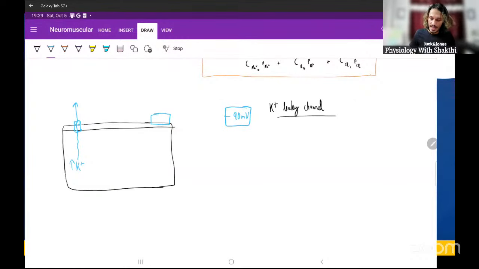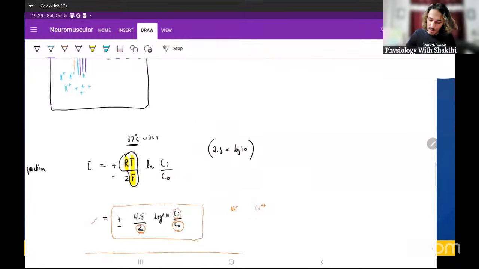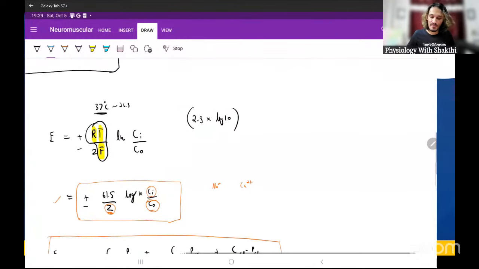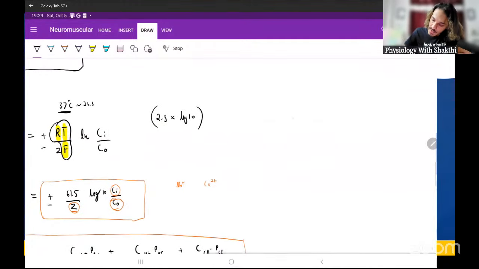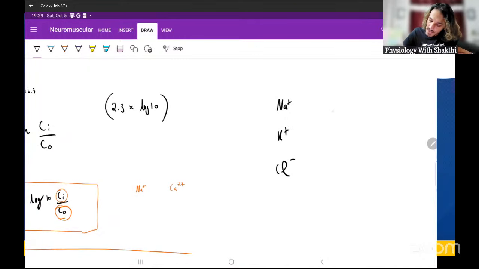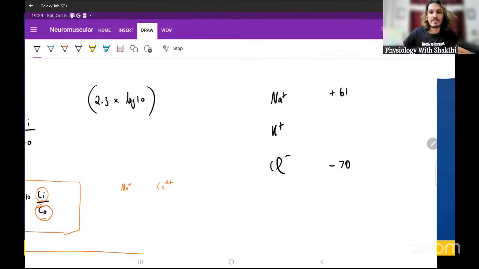Okay. Now I'm just going to go back to your Nernst equation. According to the Nernst equation, you're taking a single ion species. You take sodium, you take potassium, you take chloride. If you look at the equilibrium potential of sodium, it usually comes to plus 60, 61, and if you look at chloride, it's going to be minus 70 millivolt.